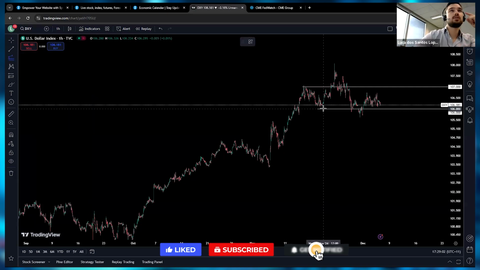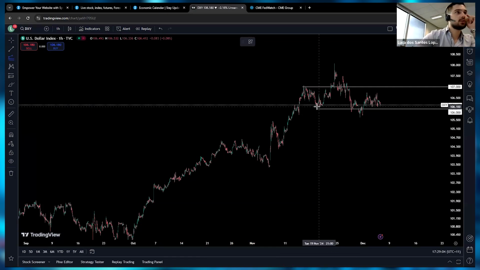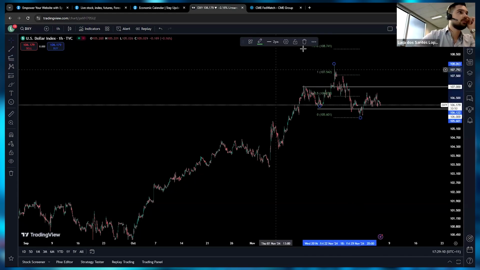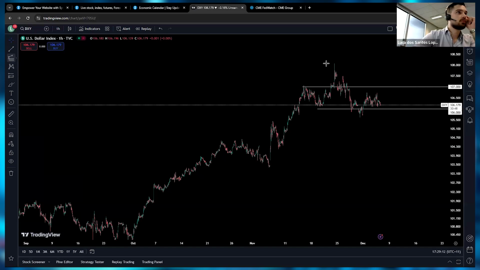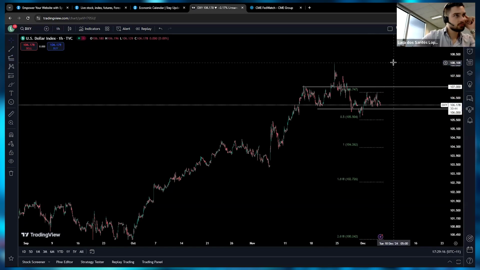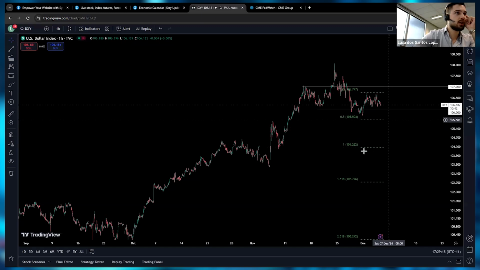So let's count this as a break. Okay, let's count this bottom as a break. 1, 2, 3. So we would be looking to target somewhere around here.